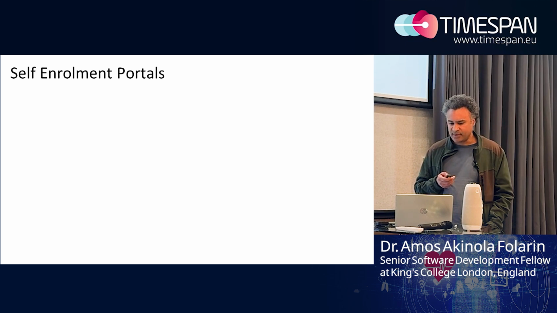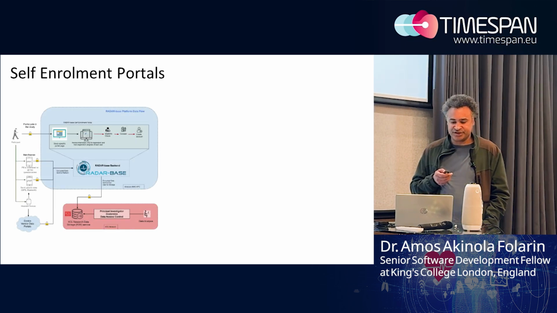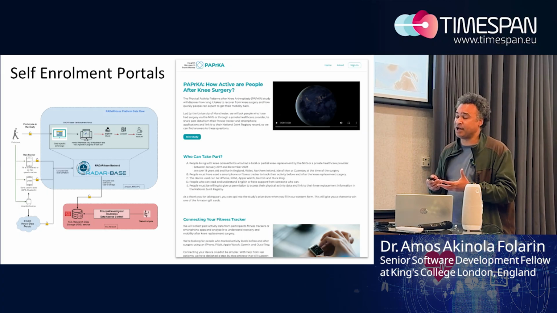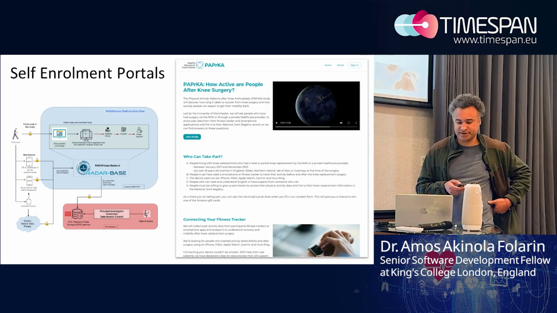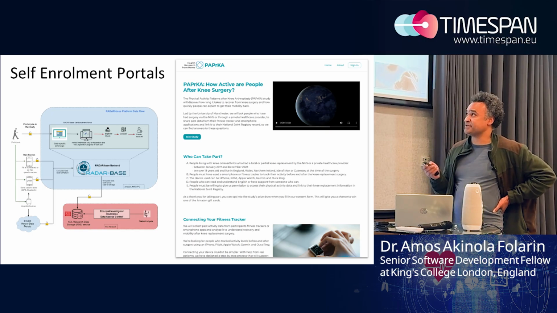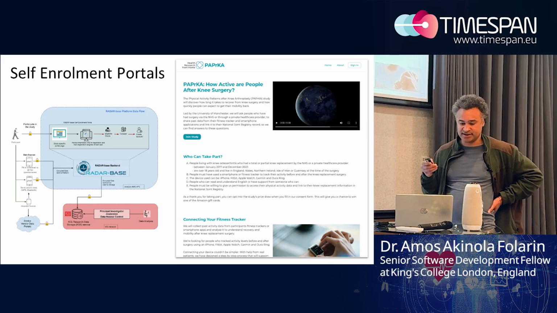And then lastly, a more recent development is that we can create a self-enrollment portal that will allow people to remotely onboard themselves into the platform. Essentially you get a study-specific web page, and then you can do all of your eligibility criteria check and consent.